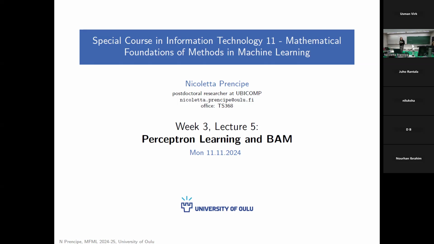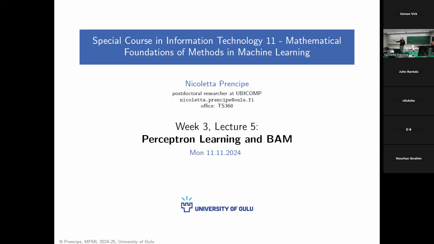And so today's topic is actually a continuation of what we did last time, because I'm going to show an algorithm that shows how the weights in a perceptron are learned. So we show the algorithm and we prove that it converges. It's good that sometimes algorithms find the solutions because that's what they're supposed to do. And second, we're going to talk about bidirectional associative memories, this BAM thing, that is necessary to start talking about the Hopfield model.